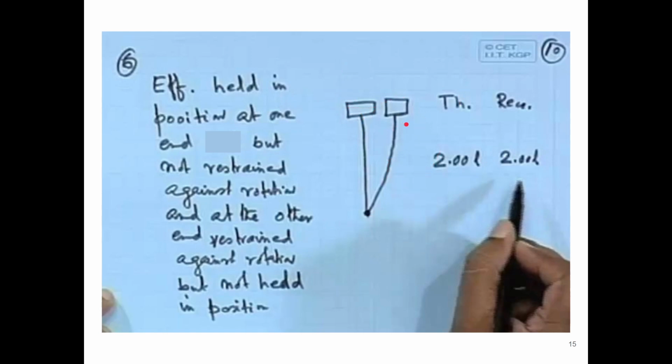In that case the theoretical value of the effective length will be twice the unsupported length, and also the recommended value. So both the recommended and theoretical values for effective length will be twice the unsupported length.